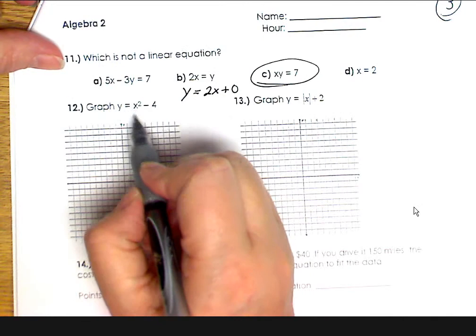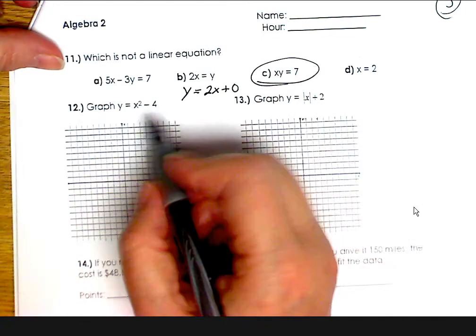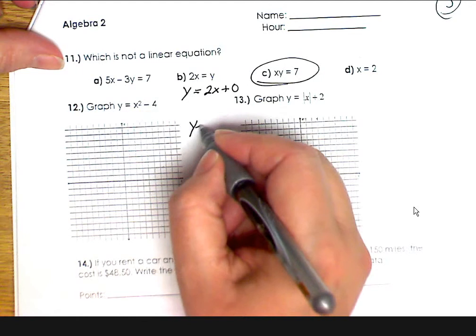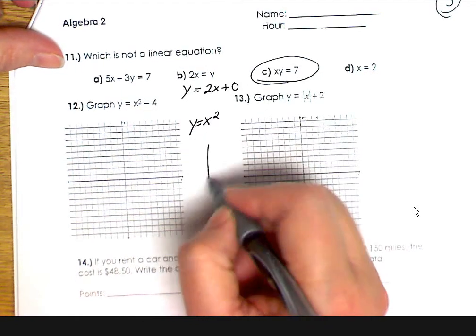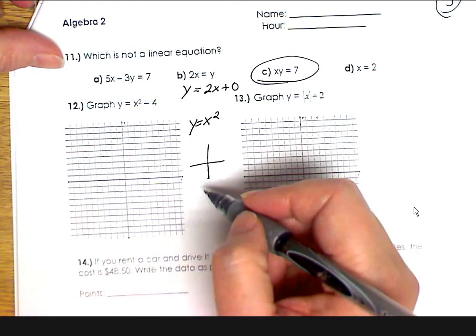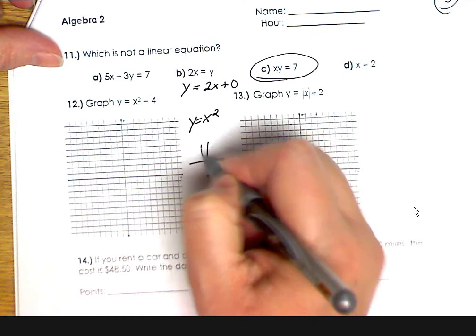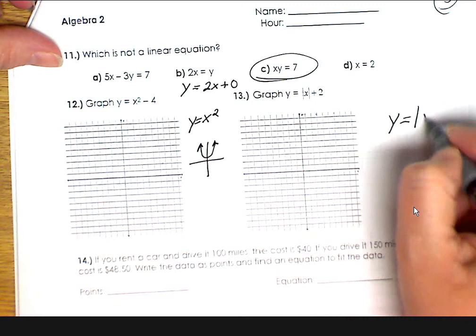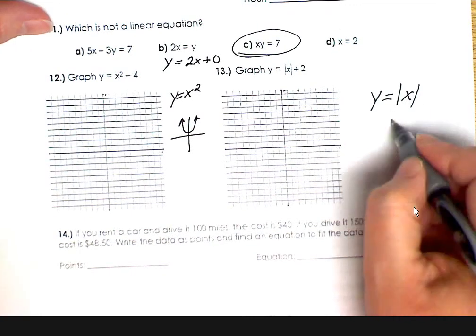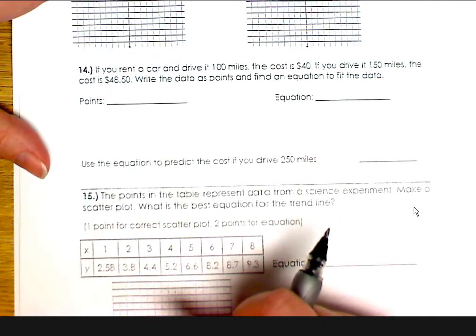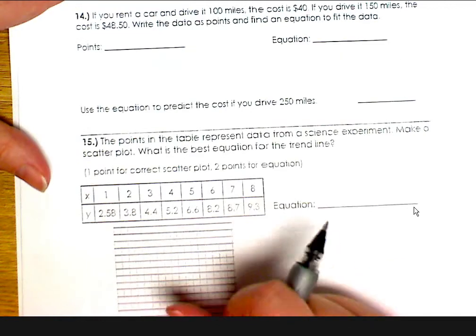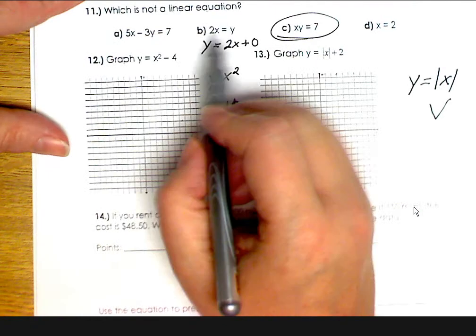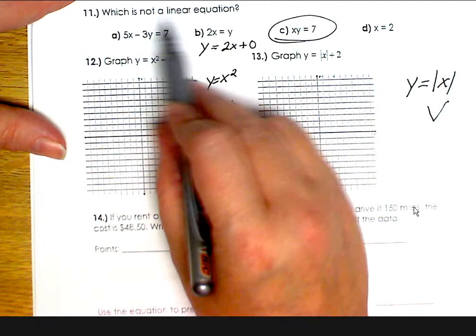On 12, the thing that you guys need to remember is if you have y equals x squared, what does it look like? A U. So remember that y equals x squared is a U. What does y equals the absolute value of x look like? A V. These ones, non-linear means not a line.